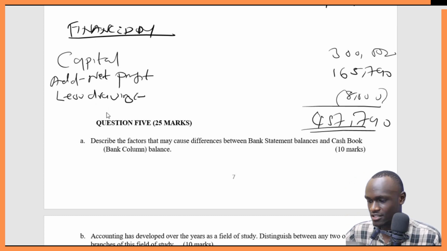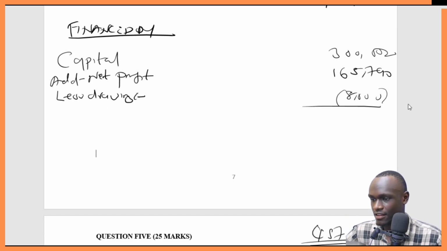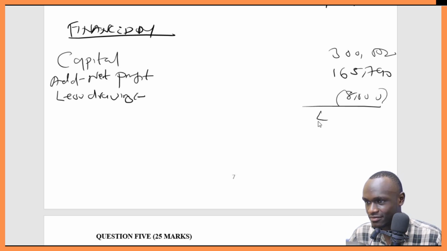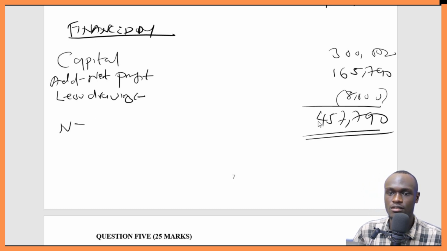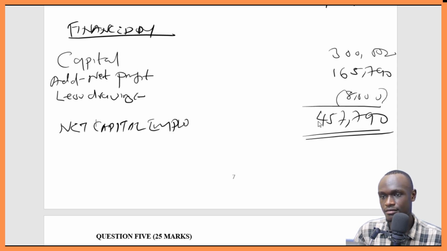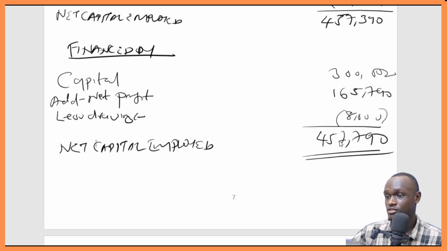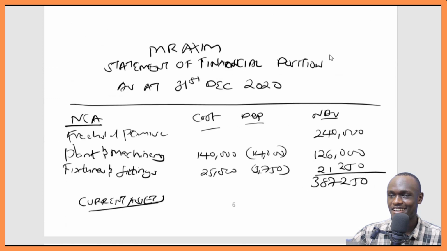And as you can see, it has balanced. So we are good to go. That is net capital employed. That's all. Thank you.